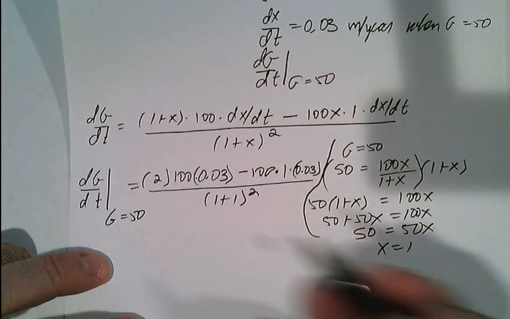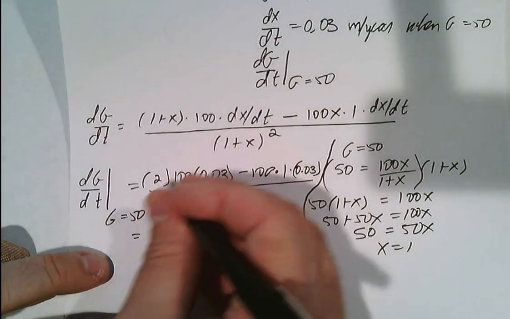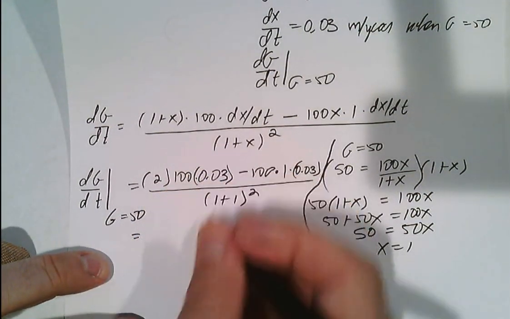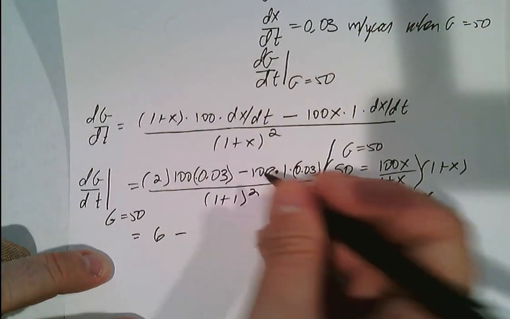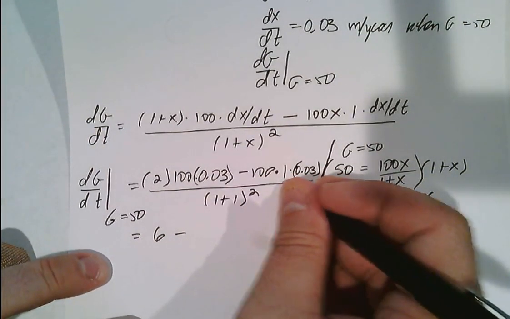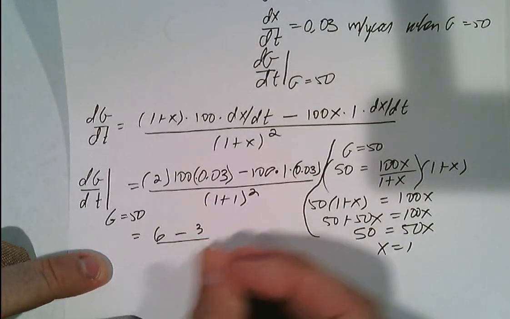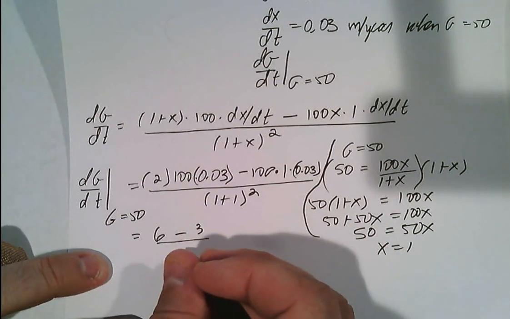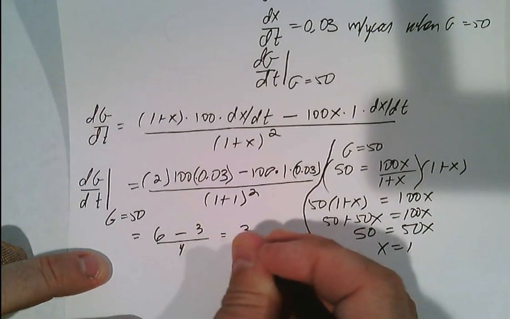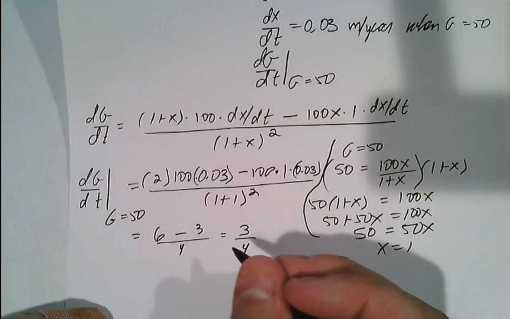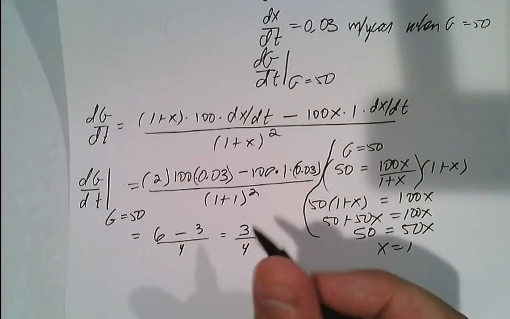Simplify this if you want to, you don't have to. 2 times 100 is 200, times 0.03 is going to be 6. 100 times 1 is 100, times 0.03 is 3. 1 plus 1 is 2, 2 squared is 4. We get 3 over 4.